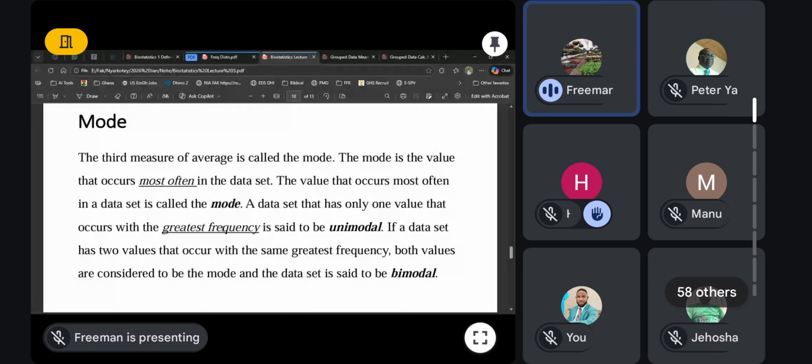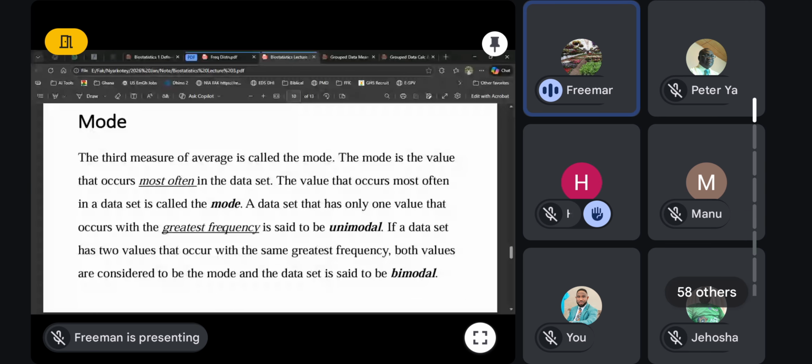And if it's the only number that is occurring highest, then we define that data set as being unimodal. Uni means what? Unit, one. But when you have two numbers occurring highest, like I just mentioned 4 and 6, let me use the systolic again. Maybe 130 occurs 15 times, and 142 also occurs 15 times.